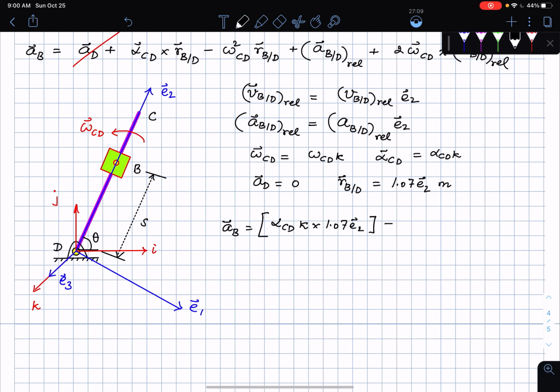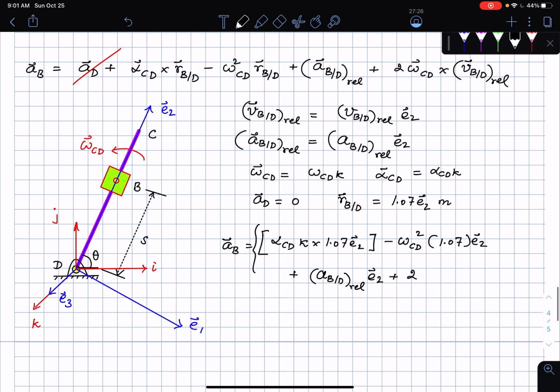Then minus omega square CD scalar times 1.07 E2. Then I'm going to have A relative, which is A B slash D relative in the E2 direction. Then 2 times, look at this cross product, omega CD in the K direction or E3 direction crossed with V B slash D relative in the E2 direction. That's what we had there.